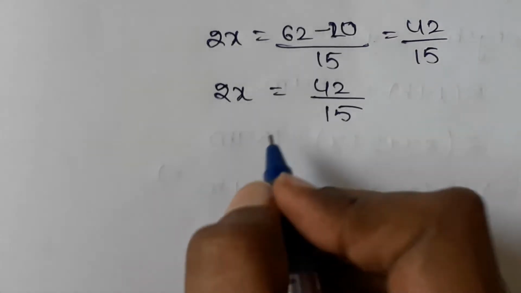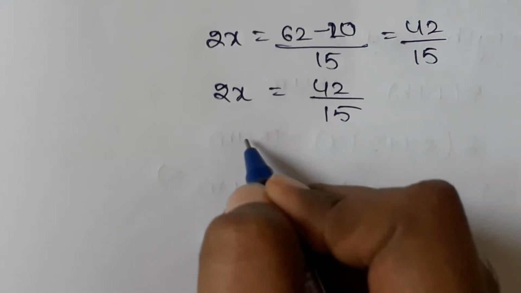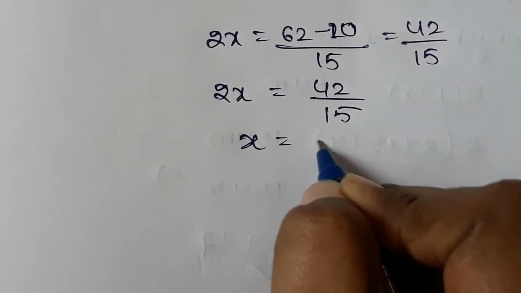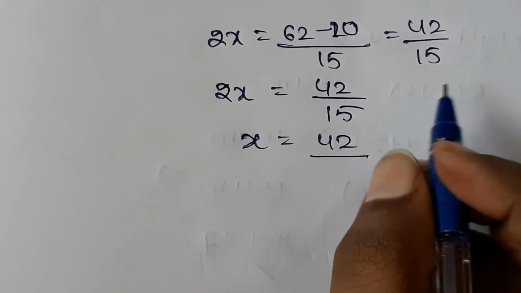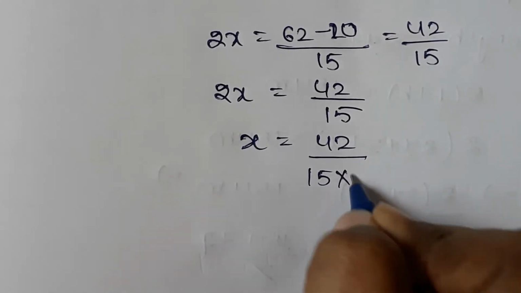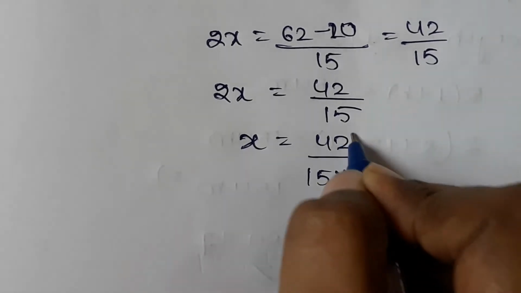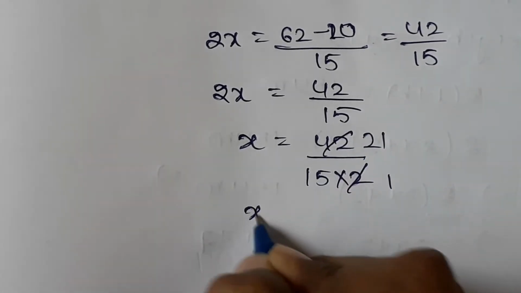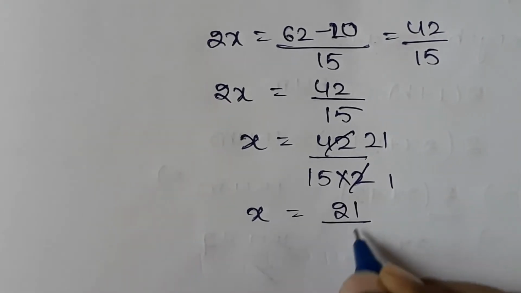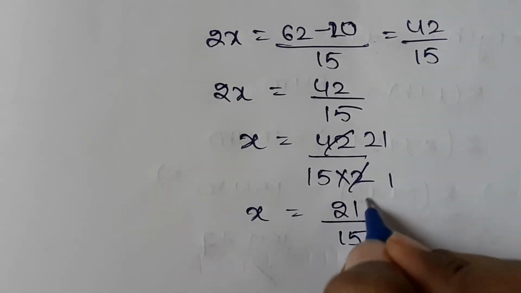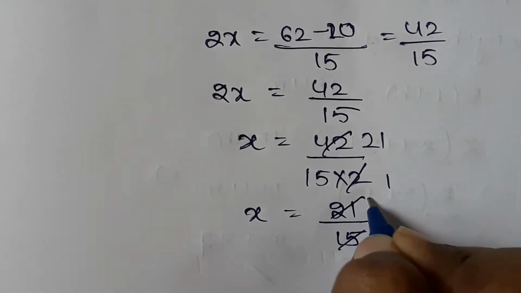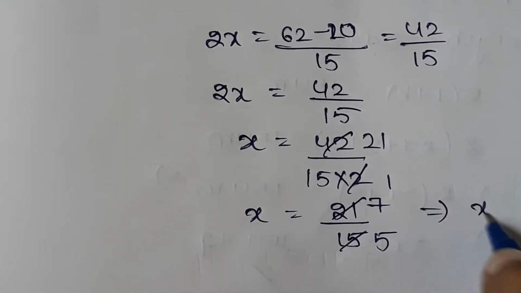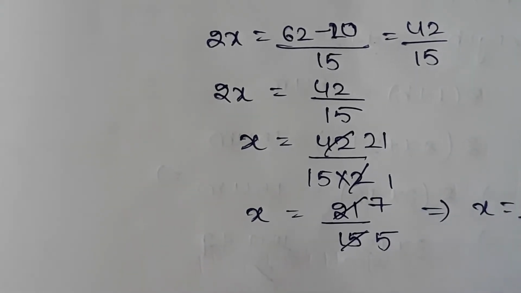That is 2x equals to 42 by 15, x equals to 42 by 15 into 2, 2 ones are 2, 2 21s, x equals to 21 by 15, that is 3 5s, 3 7s, that is x equals to 7 by 5.